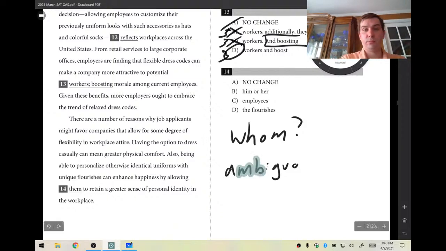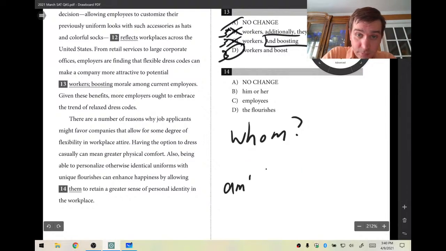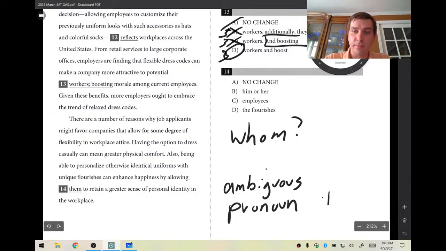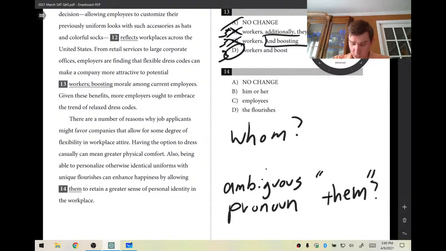Write this out. Ambiguous pronoun. Who could them be? Who are they? Ambiguous. Him or her would also be ambiguous. The flourishes? I don't think that makes any sense.